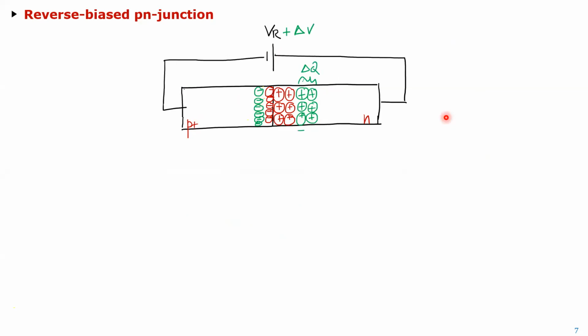Okay, and so essentially what it looks like is a capacitor, because you added this extra delta V here, it added a delta Q, and the length changed by delta X. In a normal capacitor, if you have a dielectric, the two sides of the dielectric are the same. You just get delta Q and you calculate C, which is equal to delta Q over delta V. In this case, your length is also changing.